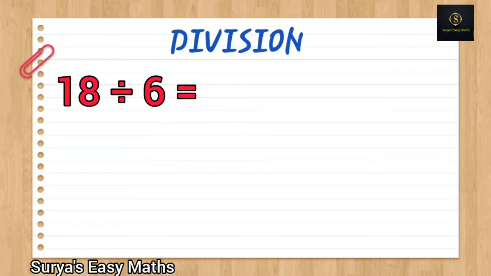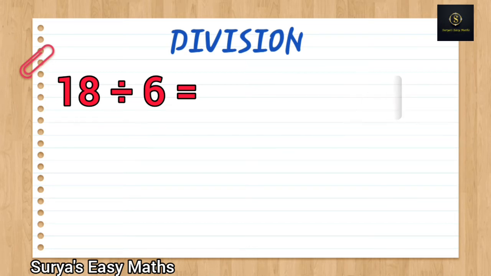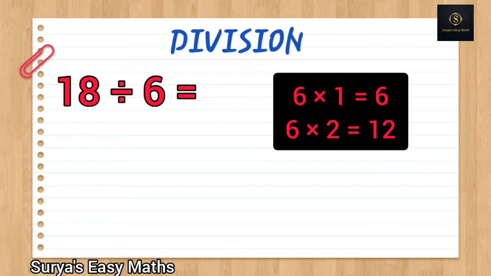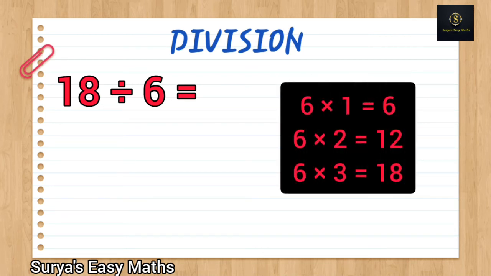Start recalling the table of 6 with me. 6 ones are 6, 6 twos are 12, 6 threes are 18. So in the table of 6, where does 18 come? Yes, at 3. Therefore, 18 divided by 6 is equal to 3. So we write 3 as the quotient. That is the answer.